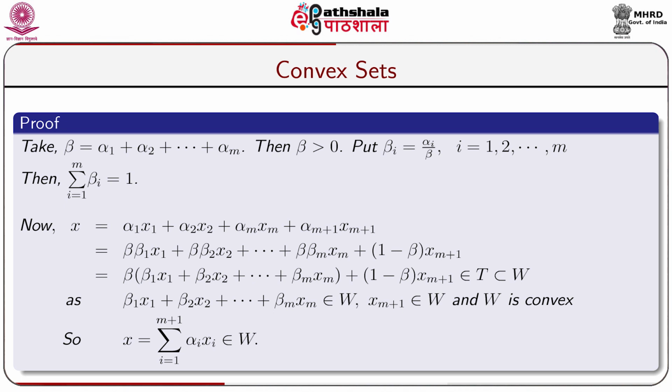This belongs to capital T and T is a subset of W, as beta 1 x1 plus beta 2 x2 plus ... plus beta m xm belongs to capital W and x m plus 1 belongs to capital W and W is convex. So x equal to sigma i equal to 1 to m plus 1 alpha i xi belongs to capital W.